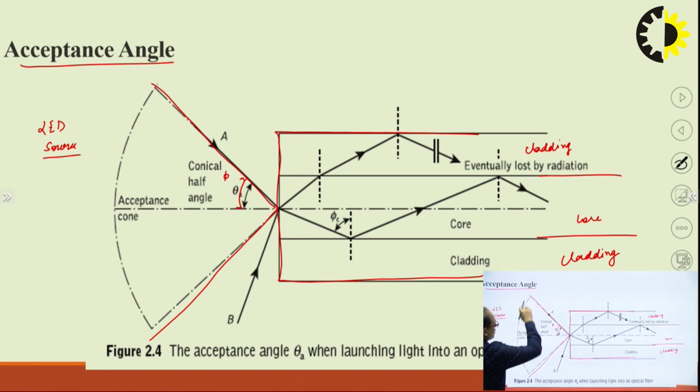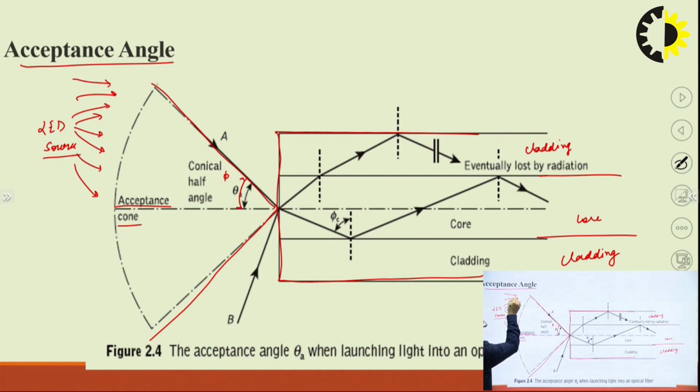And this cone will be known as the acceptance cone. Now, this LED source is generating light. The rays which enter between this cone into the optical fiber will only follow the total internal reflection.